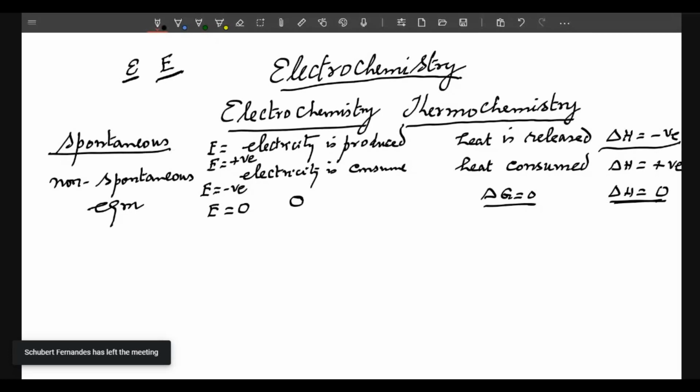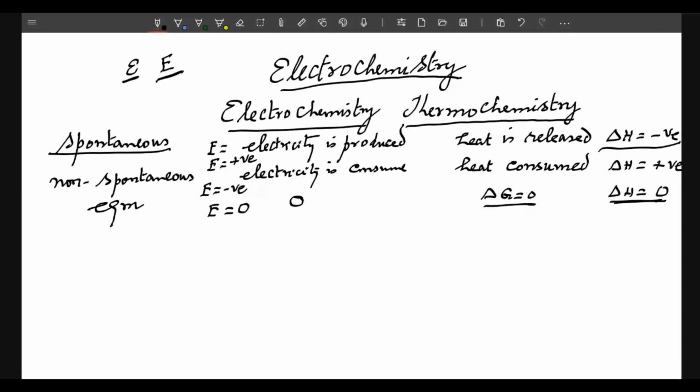And the other cell, the reverse of this, is the non-spontaneous process, in which we supply electrical energy from outside, passing electricity through the solution to make the reaction take place. Such cells are called electrolytic cells. The electricity-producing cells are called voltaic cells. And if by passing electricity you bring about a chemical reaction, we call it an electrolytic cell.